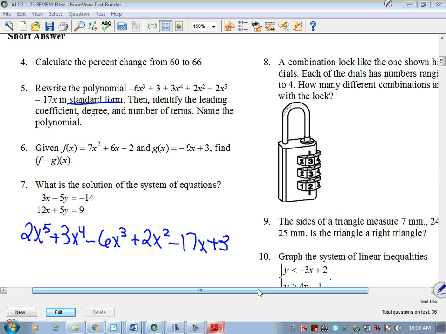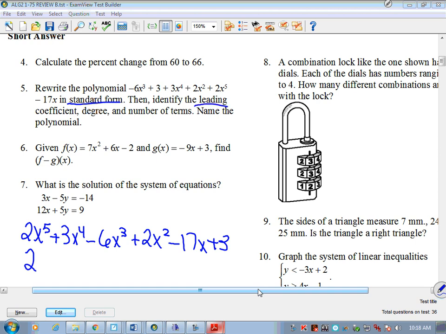Is it the exponent to the first variable? No. What is a coefficient? It's the number in front of the variable. So what's the number in front of the first variable? 2. Okay? So 2 is my leading coefficient.